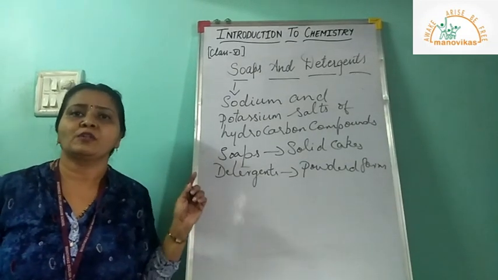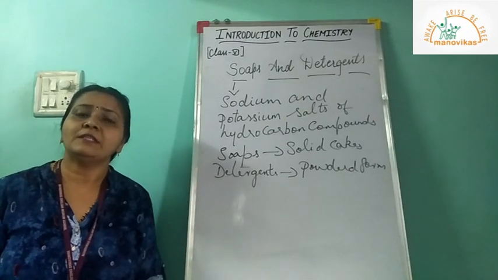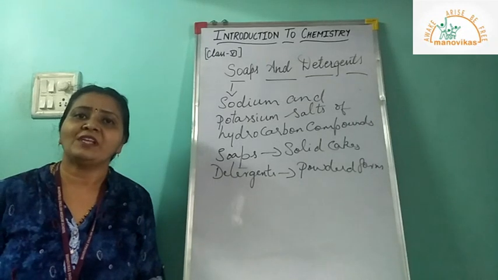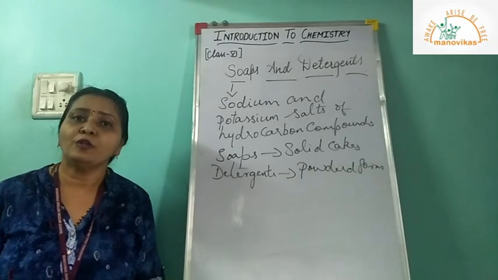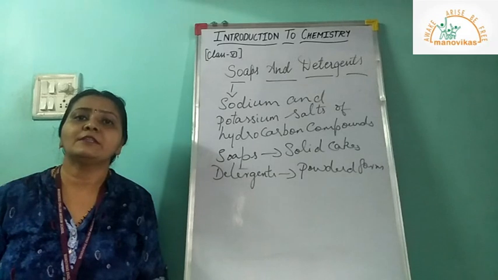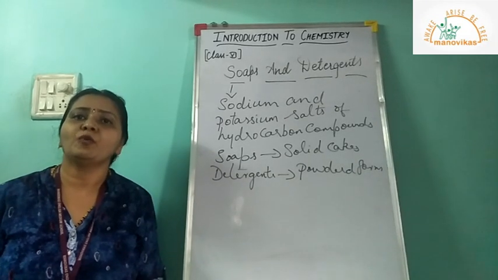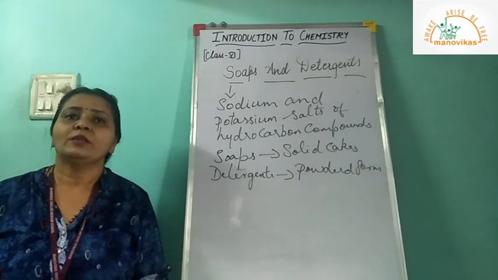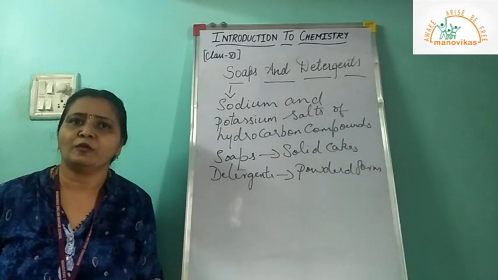Soaps are used for bathing. Detergents are used as a cleansing agent for removing grease, oil, paints, and also to remove dirt from cloths and wash utensils. Now let us see how the dirt is removed from cloths.